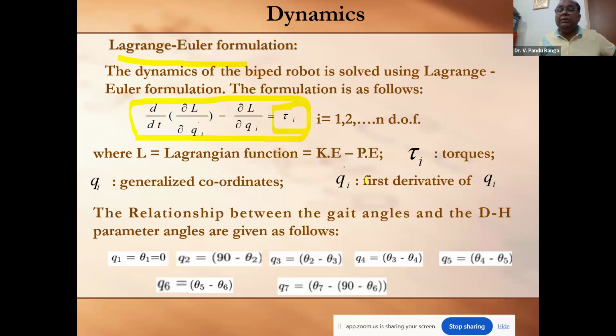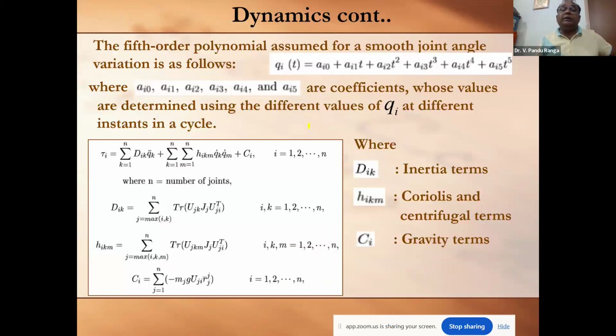We will establish the equations and solve them, and we will obtain tau 1 to tau 7, the torque required at each and every joint of the biped robot when it is moving from one location to another. So this is the final form of the equation. Those who are in multi-body dynamics or in the field of robotics will be able to identify this equation. This is the final form of the equation of motion.